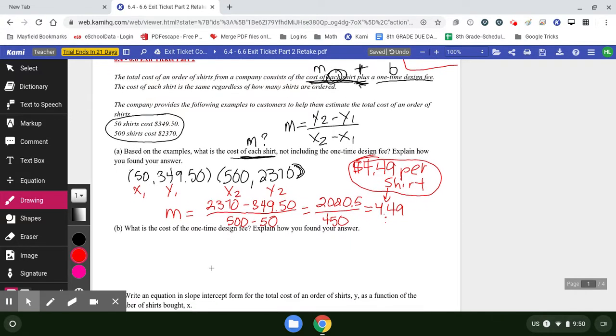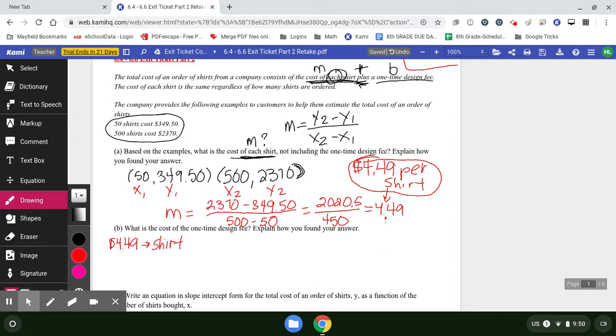Well, now I have the $4.49. Okay, so I know it's $4.49 per shirt. And then I need to find the design fee. So let's just pick one of our points.